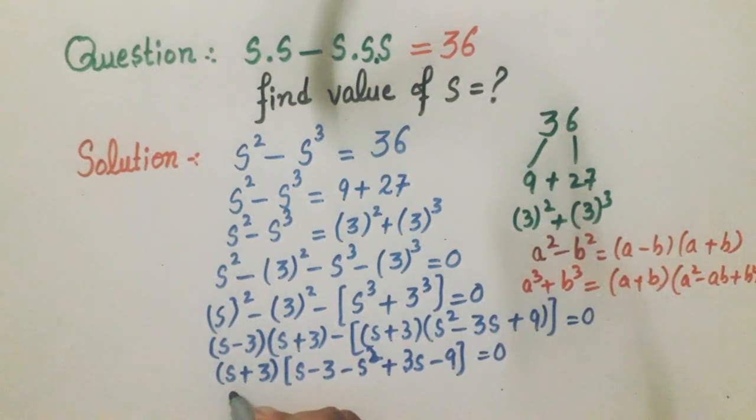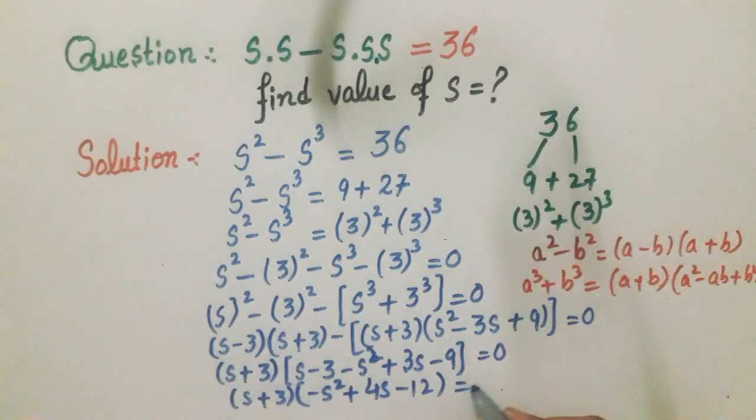So we get (s plus 3) and (minus s squared plus 3s plus 1 is 4s, minus 3 minus 9 is minus 12) equals 0.